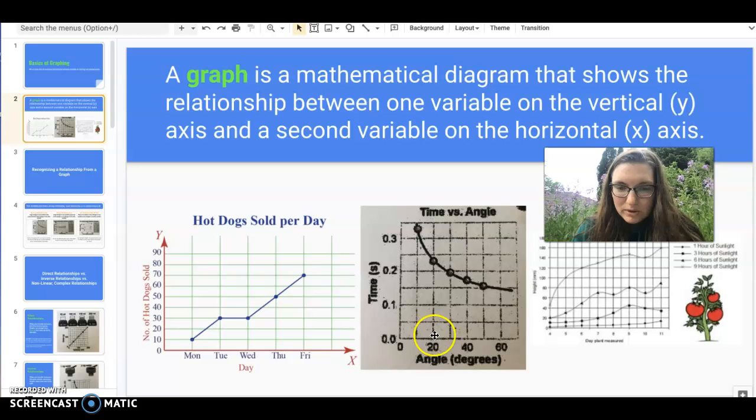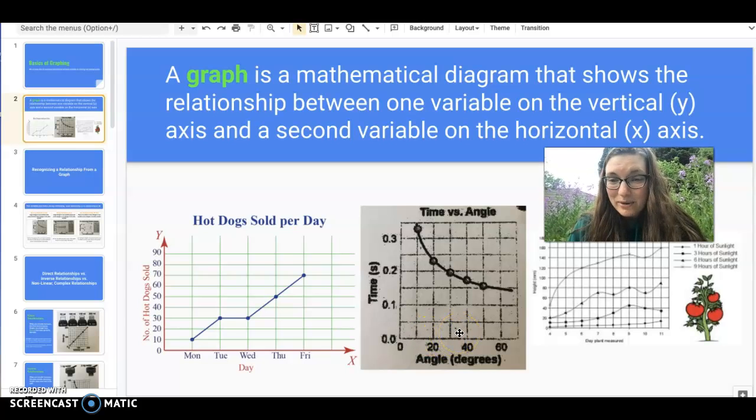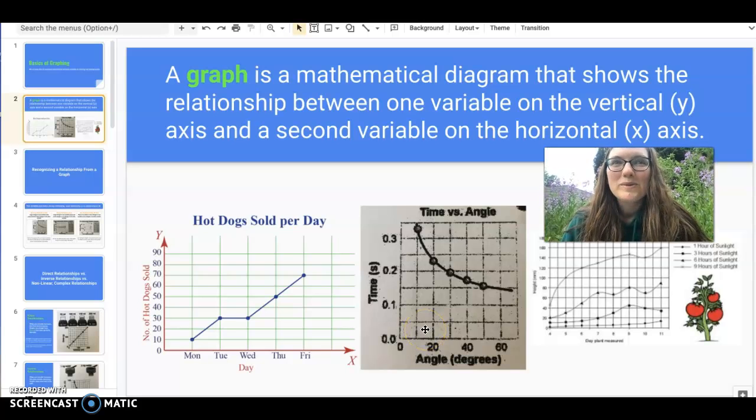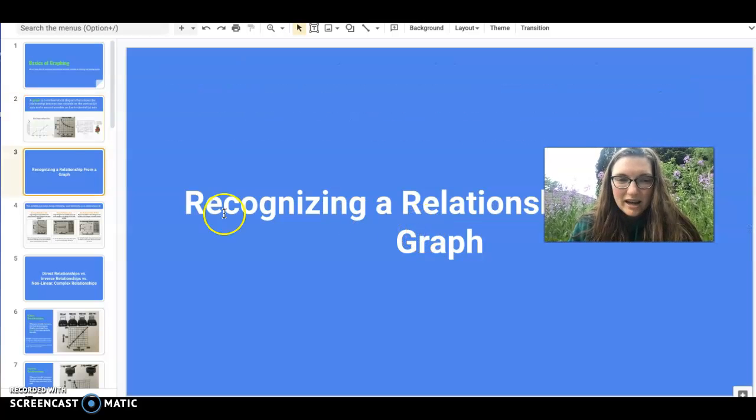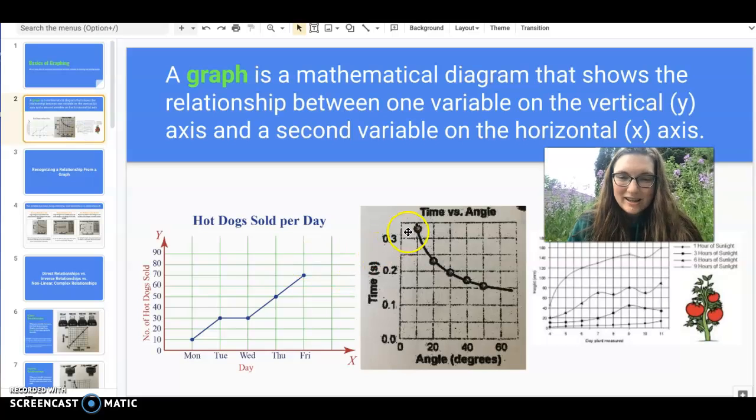Same thing here. We're looking at time versus angle. You could imagine that this is like our cart on an incline lab, looking at the different angles. The scientist is controlling the angle: 0, 20, 40, 60. What we're interested in is, how fast does it go?